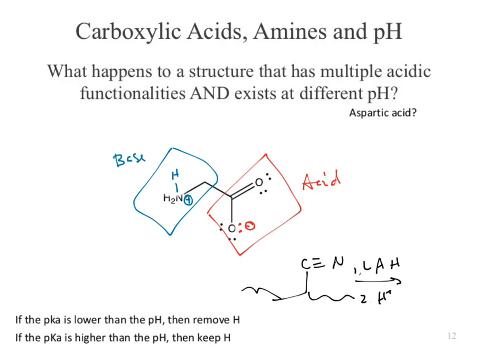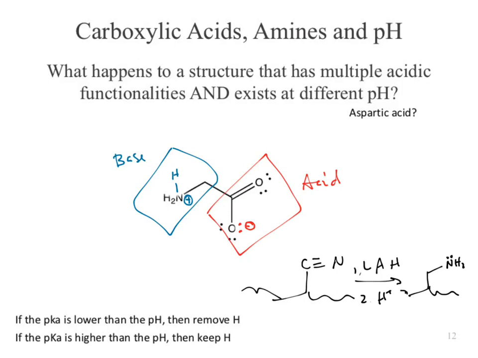That look vaguely familiar? And then, when you went through and did your answer, you had to write NH3+. You're like, well, why do I have to have that plus on there? Right? Doesn't LAH just reduce away the pi bonds? Yes, it does. It would reduce away the pi bonds to take you to NH2, which is probably what you put in at first. You're like, well, why is it wrong?